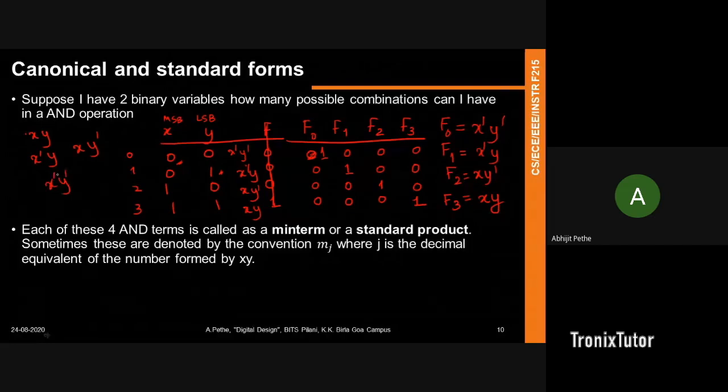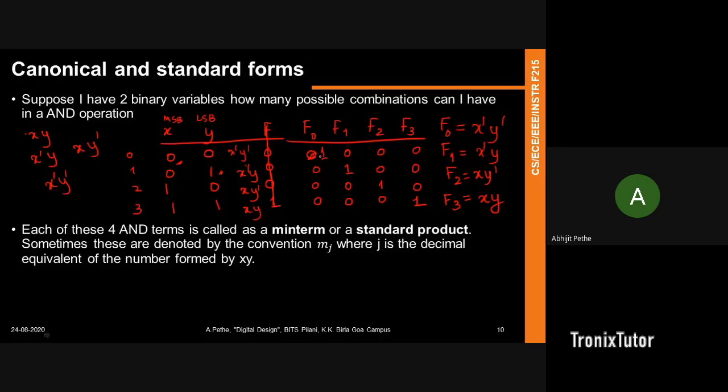So I can create four AND gates, which is what I've done using these functions f0, f1, f2, f3. So these four terms are the four possible combinations of a two input AND function, right? And these terms are nice because these terms go high only at one particular combination of the input, right?